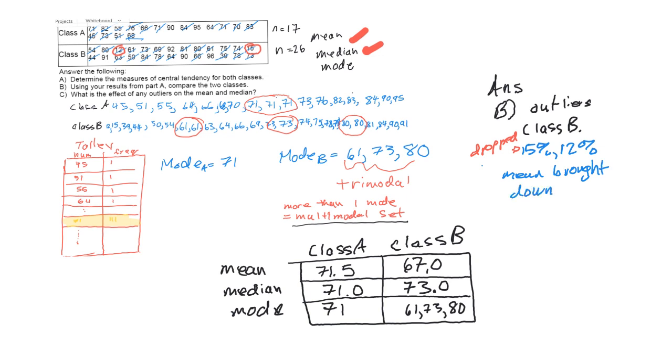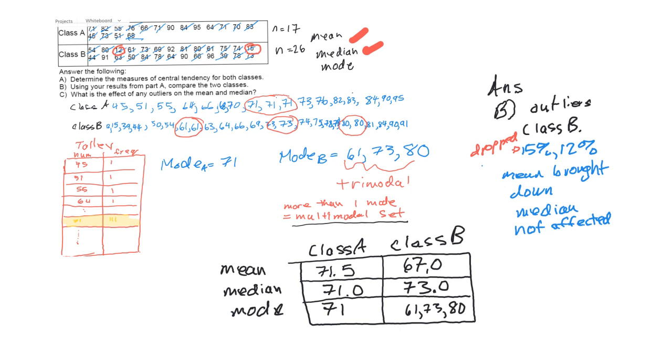Now, the median wouldn't really have been affected too much. We would still have a chance of having 71 be our median. Not affected. But you see what we told you.